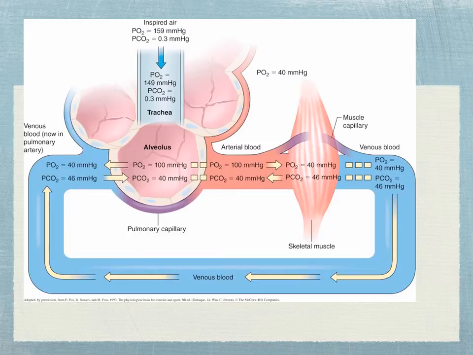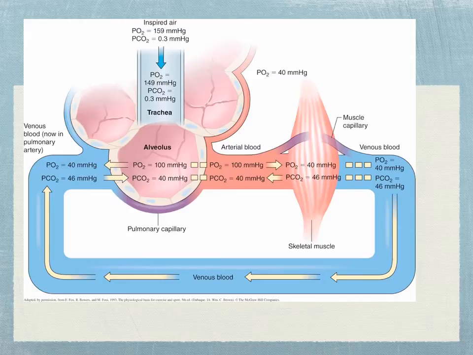So it's going to transfer from the alveoli to the capillary. And just the opposite, the carbon dioxide, which it has picked up as a waste product in the muscle, is going to move from an area of high pressure in the blood to an area of low pressure in the alveoli, so it can then be released from the body.